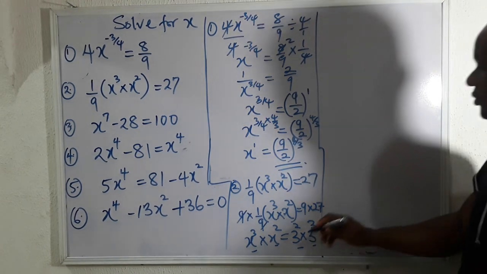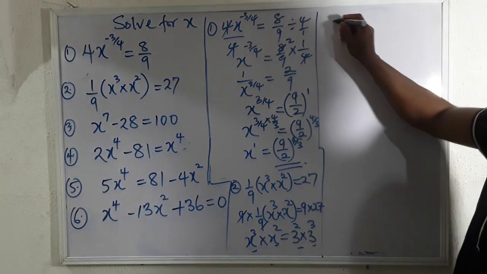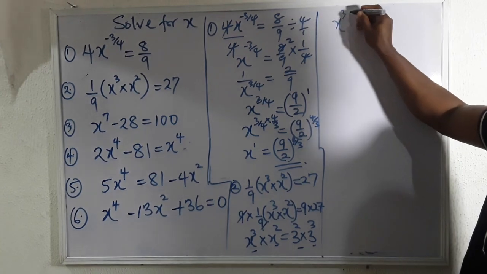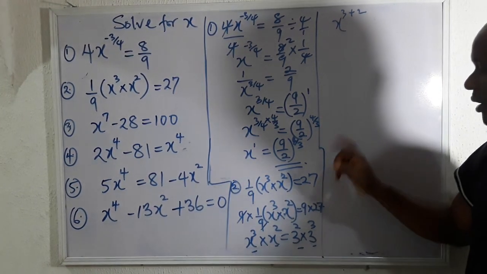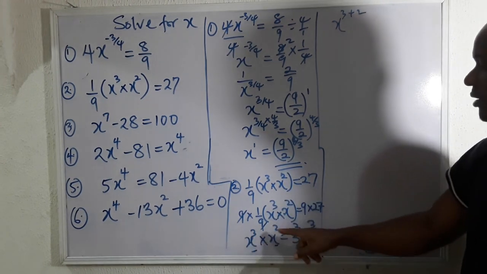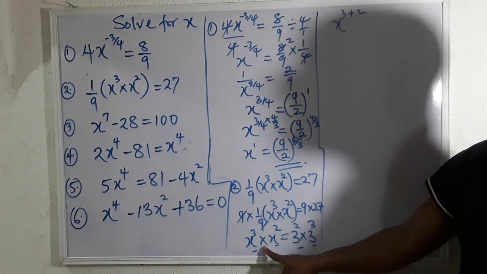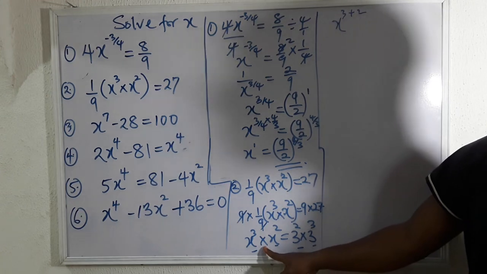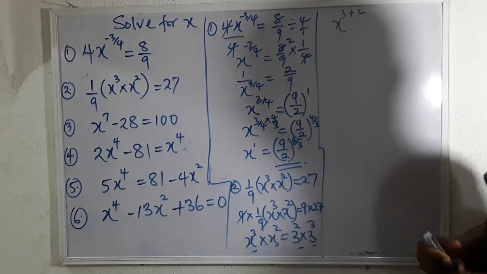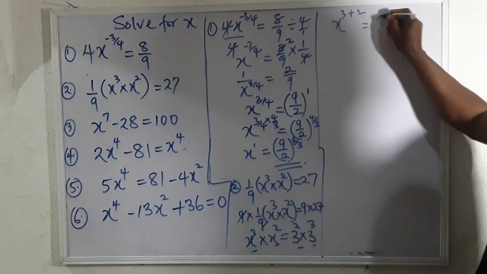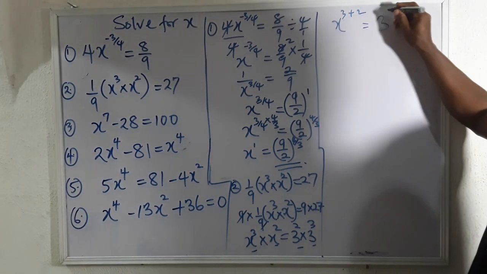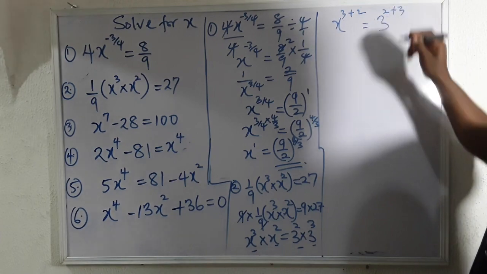That gives us x raised to power 3 plus 2, because the bases are the same and the powers are different. Since the bases are separated by a multiplication sign, we add the powers. On the right hand side we do the same thing: 3 raised to power 2 plus 3.